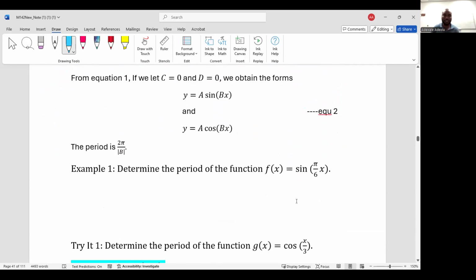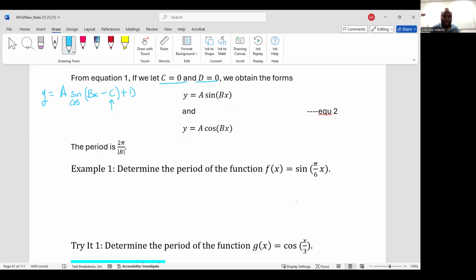Let us keep studying. From example 1, equation 1, remember? Equation 1 is y equals a sine or cosine, whatever the case is, of bx minus c, plus d. Now, from this equation 1, if we set c to be 0 and d to be 0, let us see a special case.